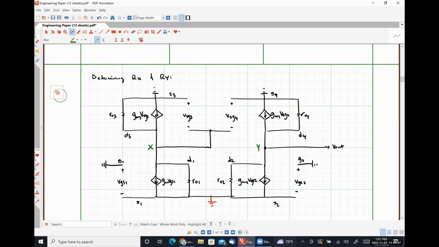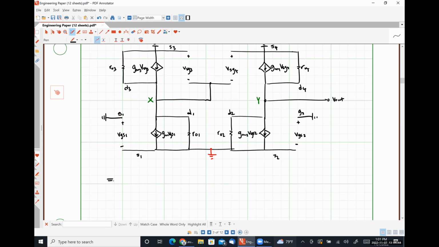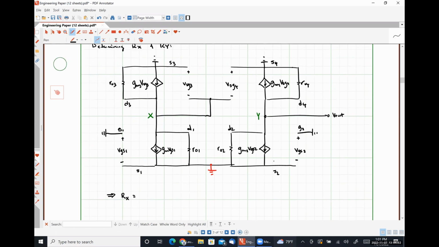This is node Y. So what resistances do we see associated with node X? So between X and ground, we have R01 for sure. Between X and ground, we also have R03. And because of our diode connection, there's a linear relationship between the voltage drop across our current source here and the current flowing through our current source.